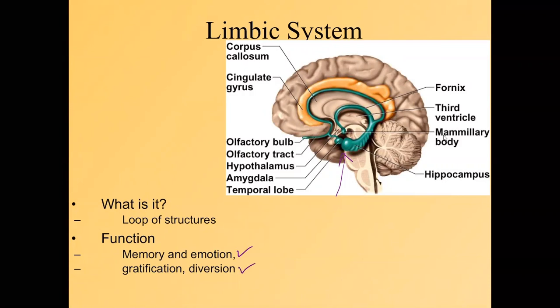I always think about, like, if somebody says, when I smell chocolate chip cookies, it makes me think of my grandmother. That's basically what the limbic system does. It's made up of the fornix, the cingulate gyrus, and the hippocampus.